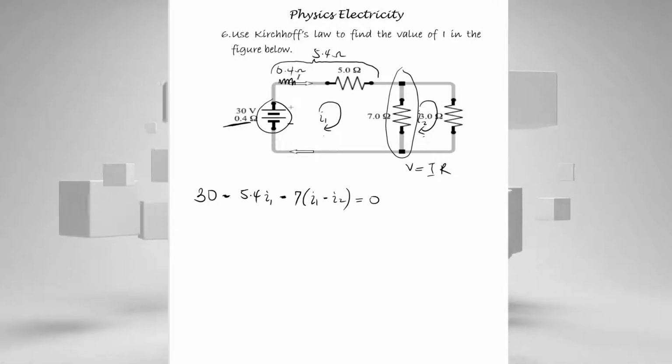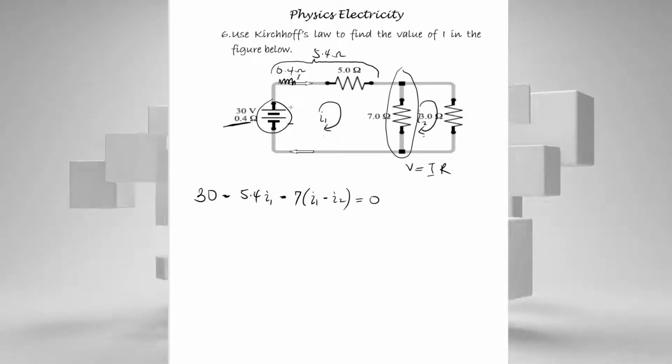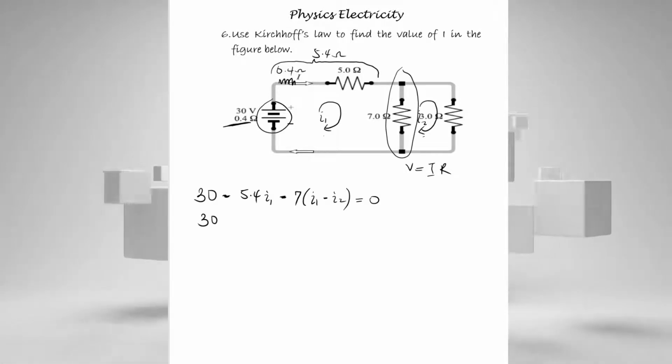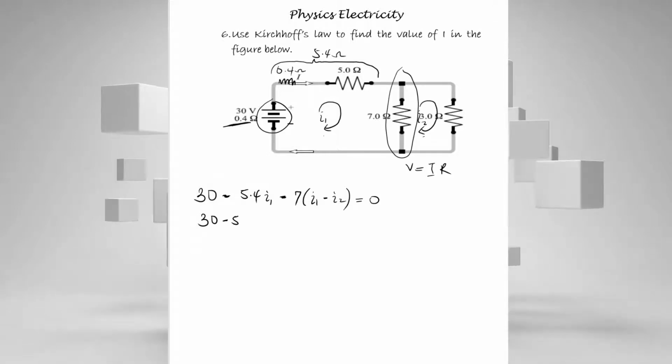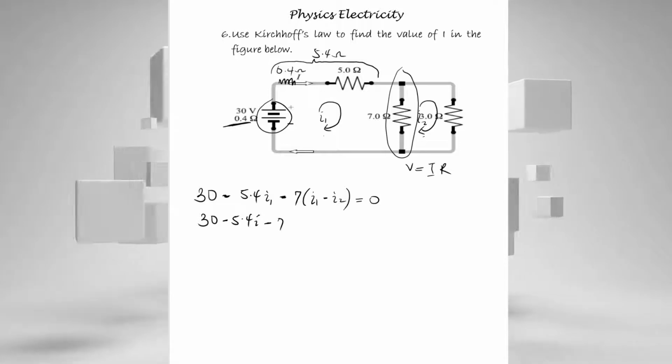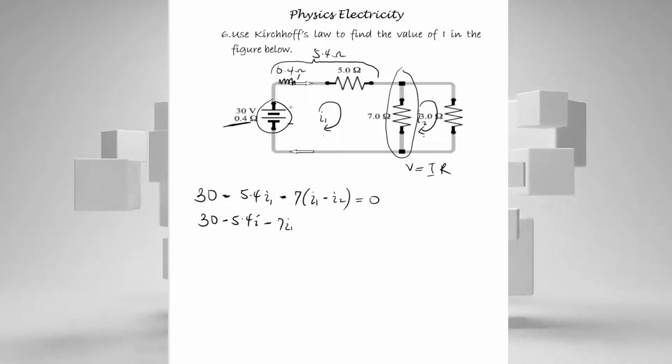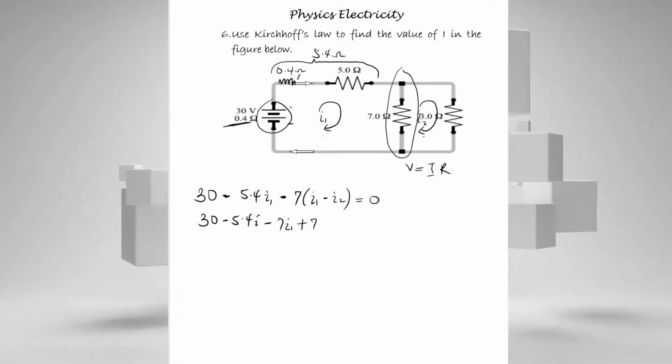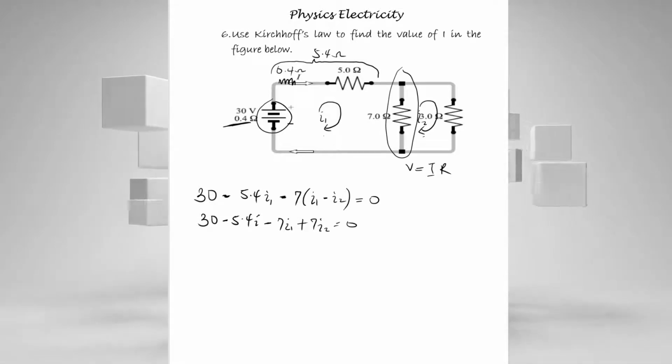So we can resolve that: 30 minus 5.4 I1 minus 7 I1 plus 7 I2 is equal to 0.